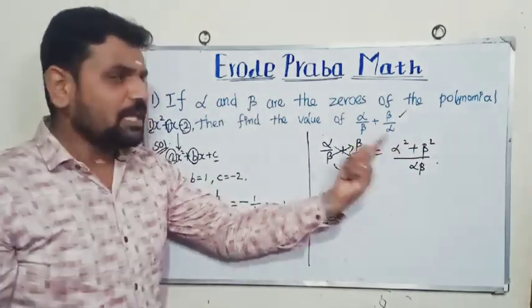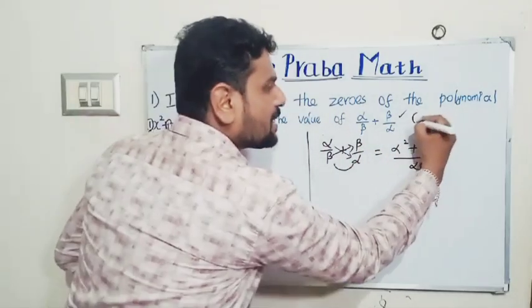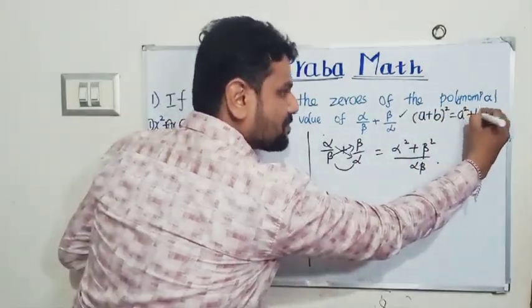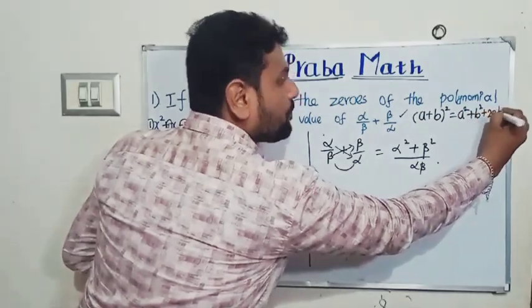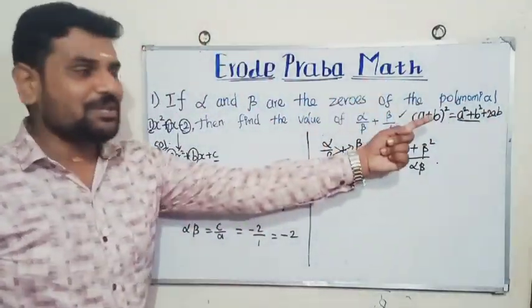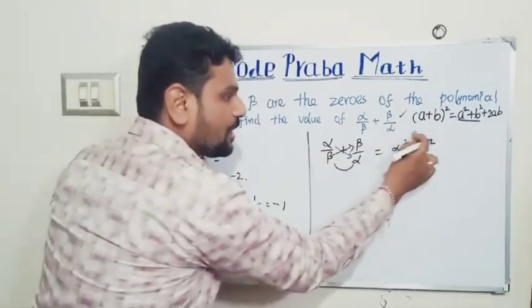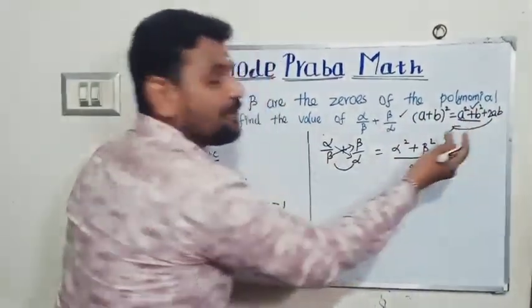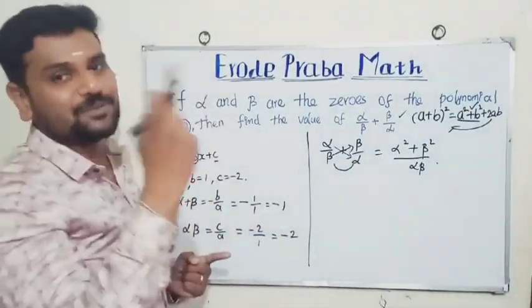So think of a formula. Alpha plus beta the whole square is equal to alpha square plus beta square plus 2 alpha beta. We can use this formula in inverse for alpha square plus beta square. We keep alpha square plus beta square on this side and move plus 2ab to the left-hand side. It becomes minus 2ab.